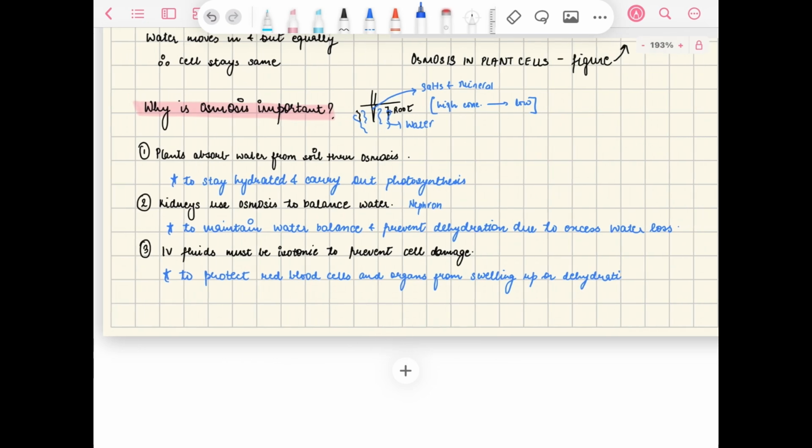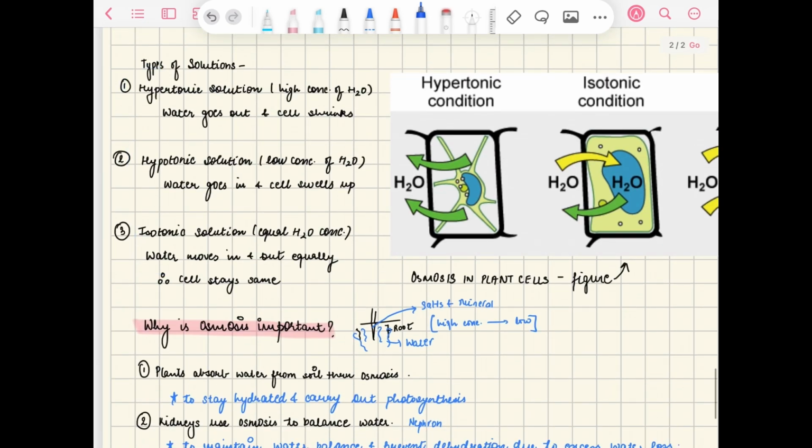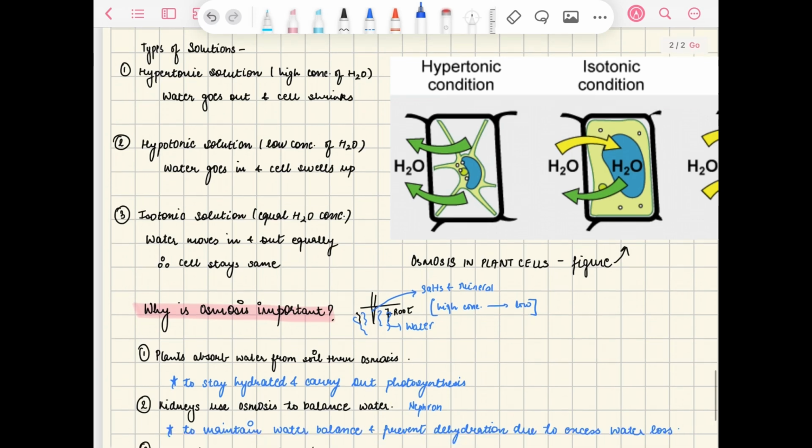But as we studied here, the types of solution, what would be the most ideal IV fluid condition? Isotonic, right? Because if the IV fluid is hypotonic, it has too much water, the water will enter the cells by osmosis and the cell will swell up or burst. That will cause problems.